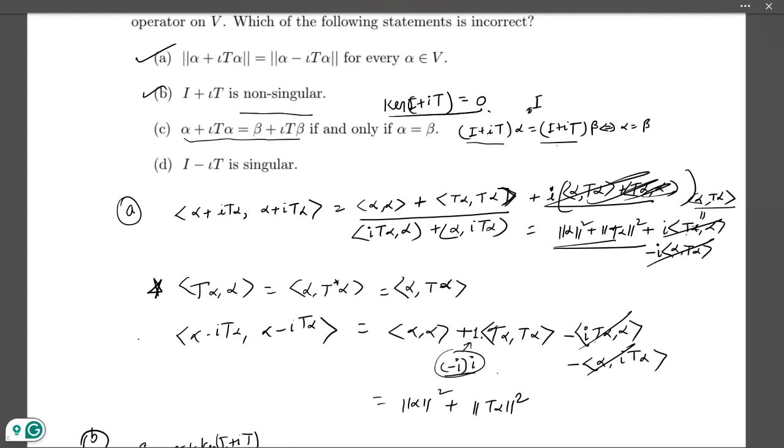Then I plus IT applied to alpha minus beta is 0, right? These two parts are if and only if. Now, because I plus IT is non-singular, using B, alpha minus beta should be 0, and hence alpha is equal to beta. So part C is correct.